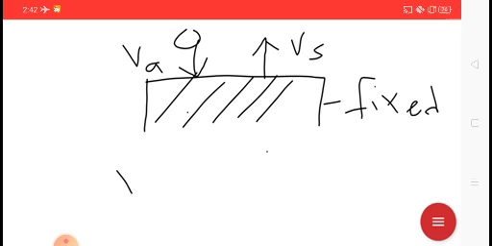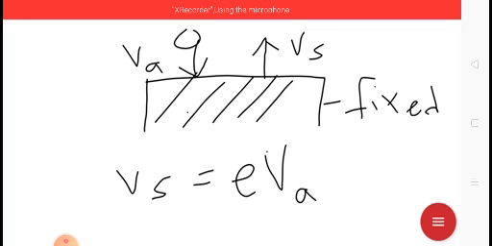So you can say that the separation speed VS is equal to E times VA, where E is the coefficient of restitution, under Newton's experimental law.